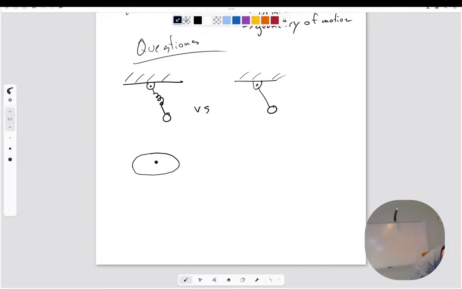I'm imagining almost like, have you been on those carnival rides where you're in a chair and it swings around in a circle?